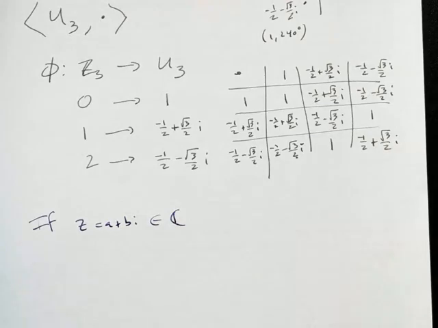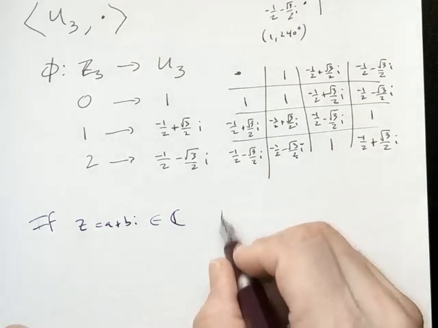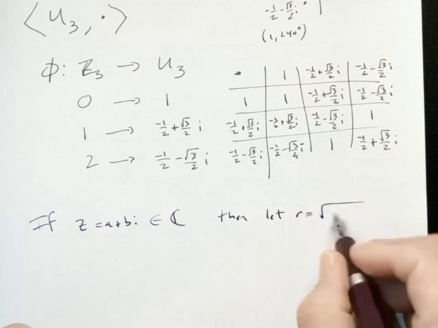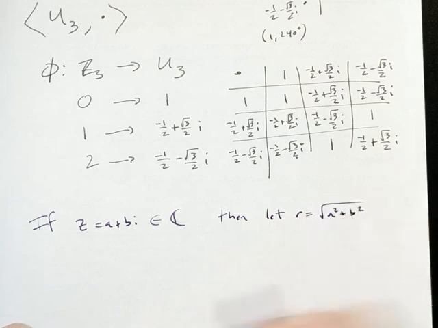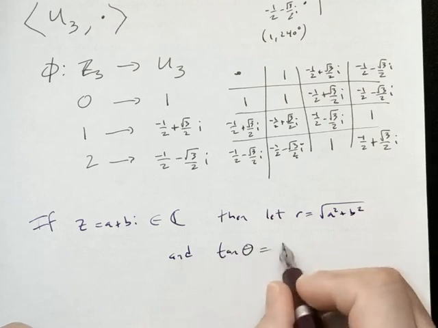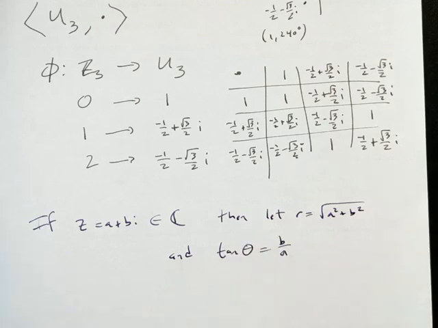So let's suppose I have a complex number, which I will call z, and it's got an x part that's a and a y part that's b. Then I can rewrite this. Those are my polar coordinate pieces.